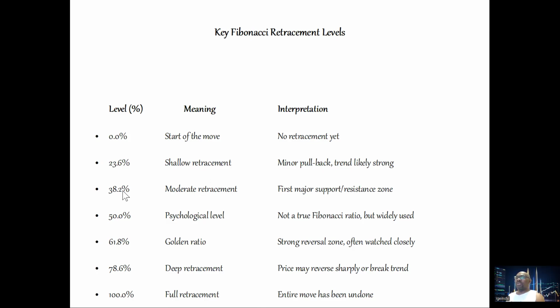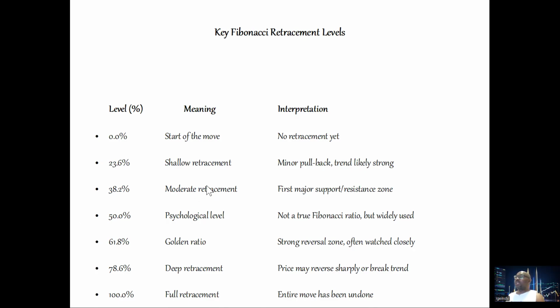That is 38.2%. Once price gets to this point, we call it a moderate retracement because that is the first major support. All right, that 38.2 level is very, very powerful and significant, because buyers are there, waiting for the price to retrace to this level.